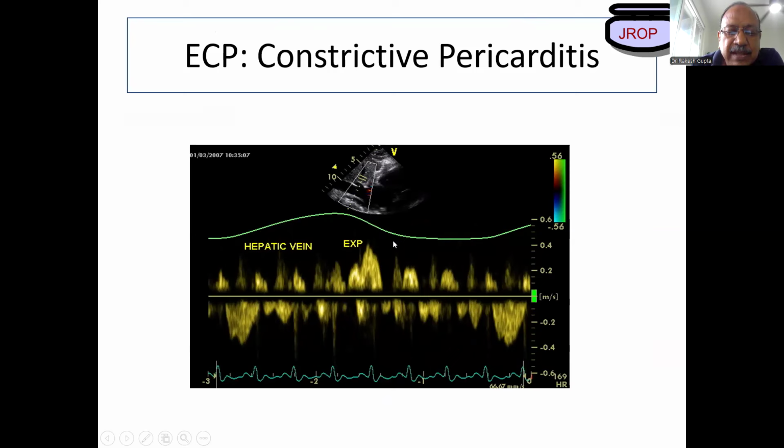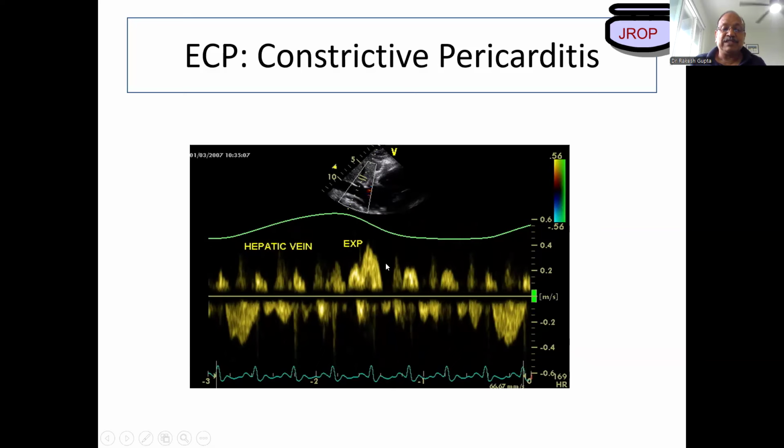The first beat after expiration, you see a reversal of flow. In inspiration, look, this is all hepatic vein to IVC drainage.